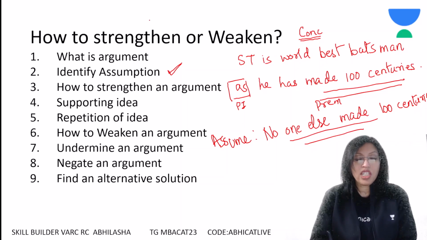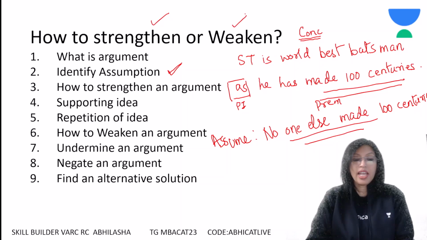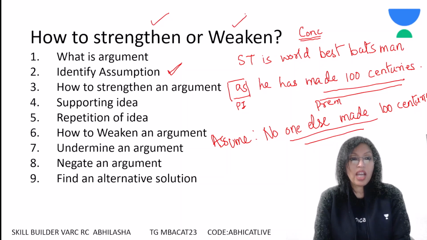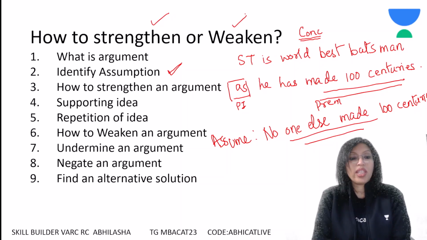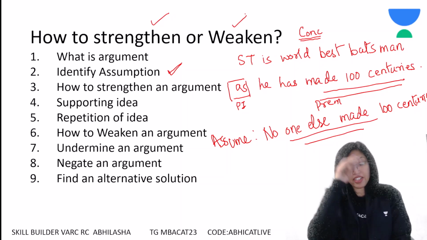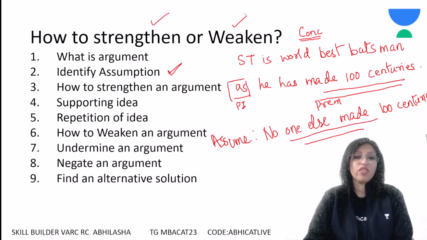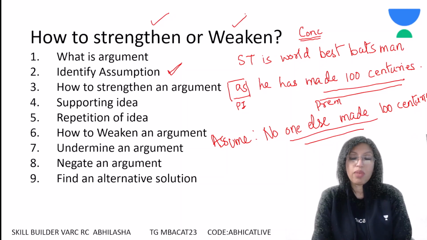Now, when we are strengthening an argument or weakening an argument, it is very important that we understand that we are working with assumptions. In order to strengthen an argument, that means in order to prove it right, I have to find reasons which will prove that Sachin is the world's best batsman.